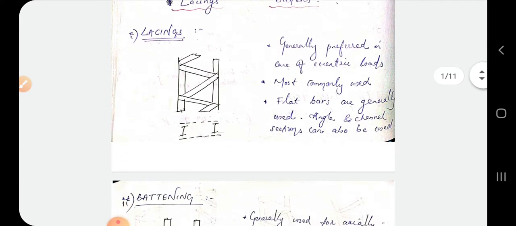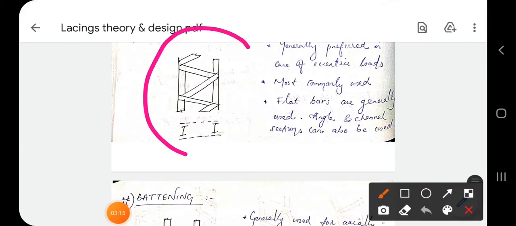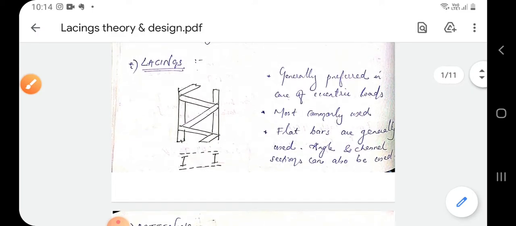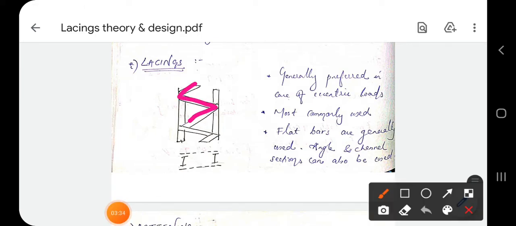In this figure you can see lacings. First we are discussing lacings. You can see the two I sections, with the top view given like this. Two I sections are connected on either side by using plates, and these members are known as lacings.